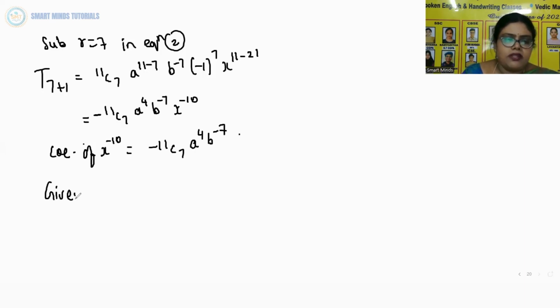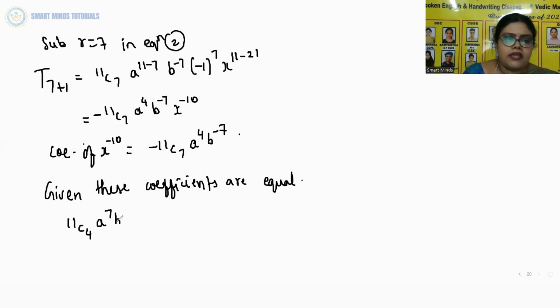Now what is given in the question? That these coefficients are equal. So 11C4 a power 7 b power minus 4 is equal to minus 11C7 a power 4 b power minus 7.